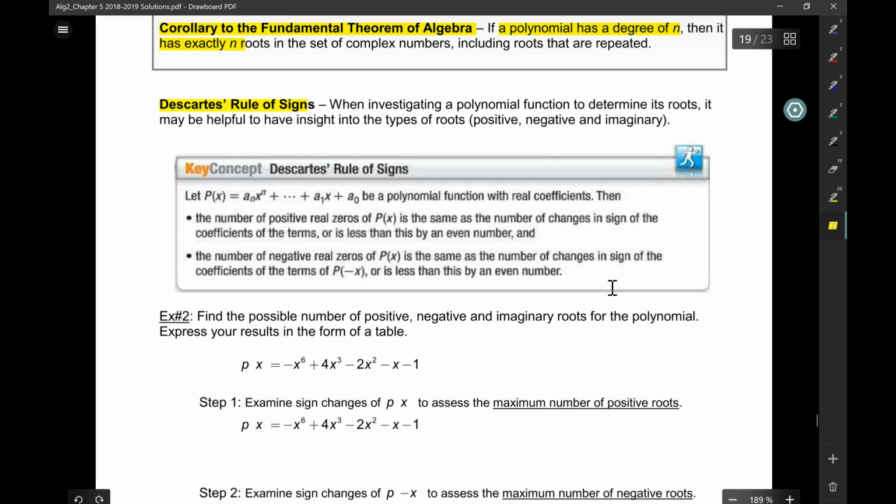Descartes' rule of signs. Have you guys heard the phrase, I think, therefore I am? Descartes was a French philosopher and mathematician. He's the one who said that first. Descartes has a process that tells us what type of roots a function will have.